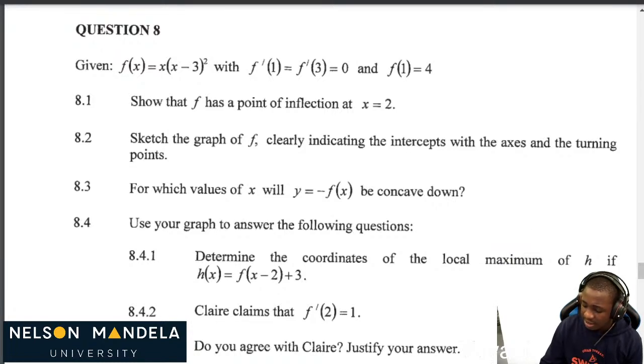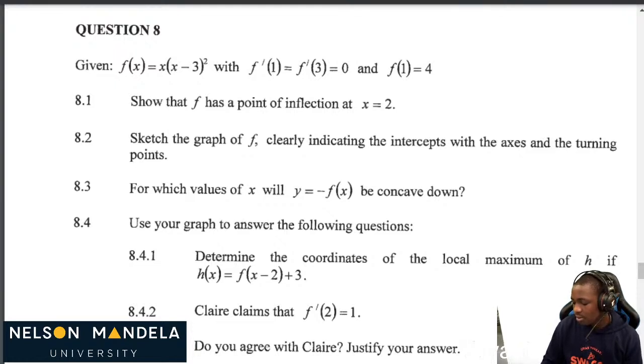Let's expand this, guys. (x minus 3) squared is x squared minus 6x plus 9. Then x times this is x cubed minus 6x squared plus 9x. So basically our f of x is x cubed.